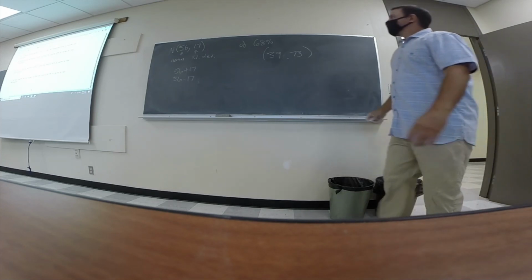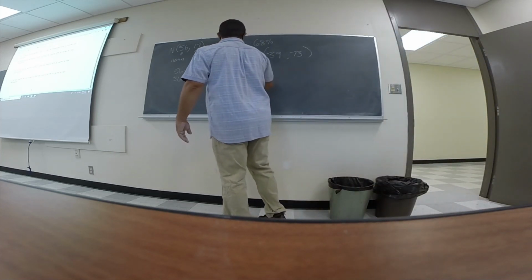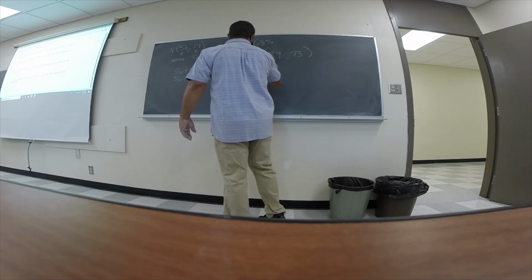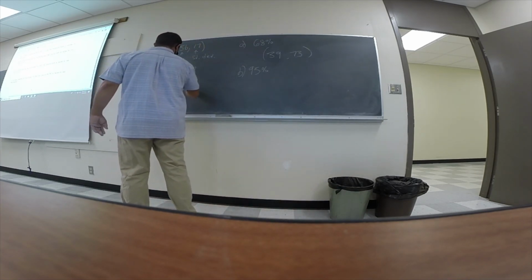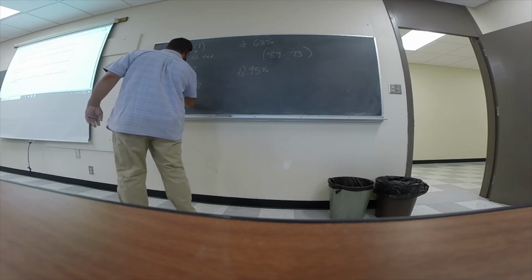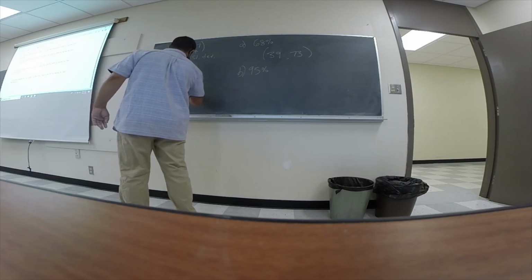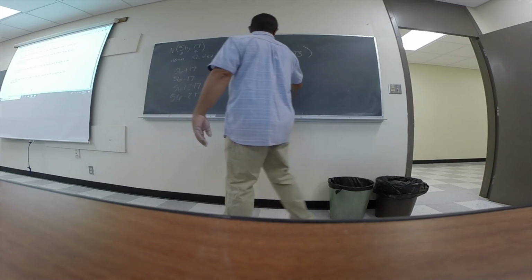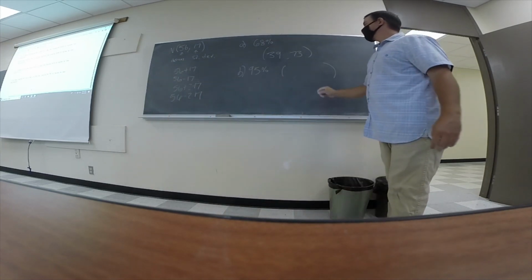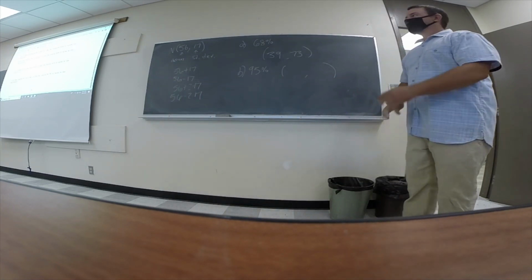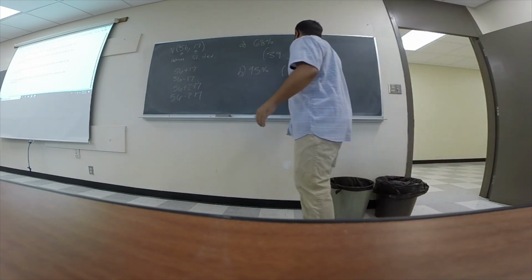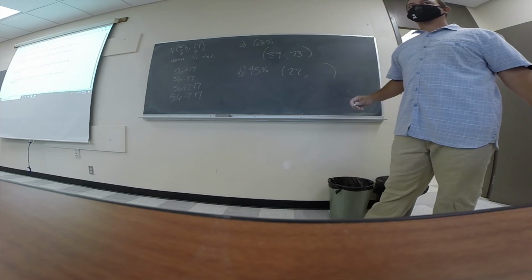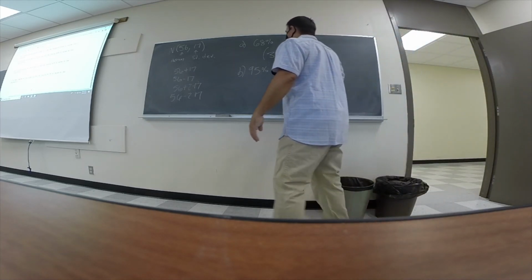Okay. All right. Now we're looking for what? 95%. So I need to go 2 standard deviations. So it needs to be 56 plus 2 times 17, 56 minus 2 times 17. So my lower is 22. My upper is 90. Right.